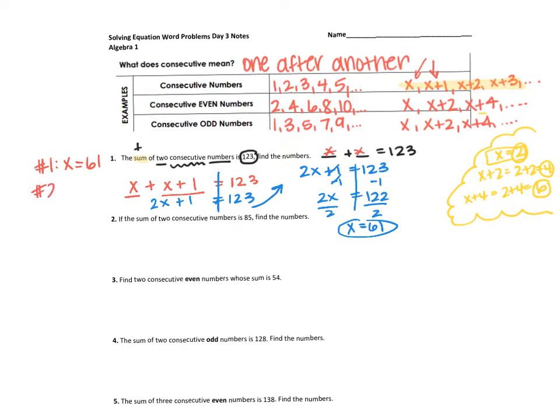Number 2 that I'm looking for, we said was this x plus 1. So that'll be 61 plus 1. How did I know to put 61 in there? Because I just found that x was 61. And then 61 plus 1 is 62. So my two numbers are 61 and 62. And that would be your answer.